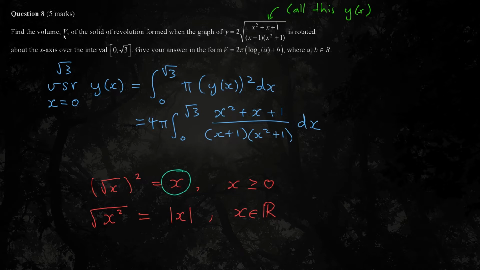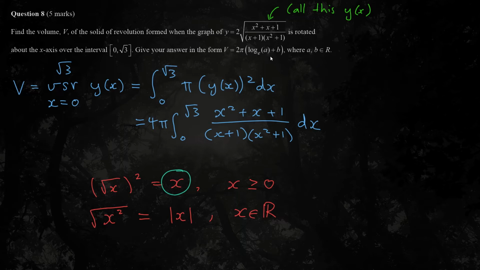Now, in the original problem, the volume we're trying to find is called capital V, so let's write capital V equals. Just note that we're supposed to give our answer in the form V equals 2 pi times some stuff.